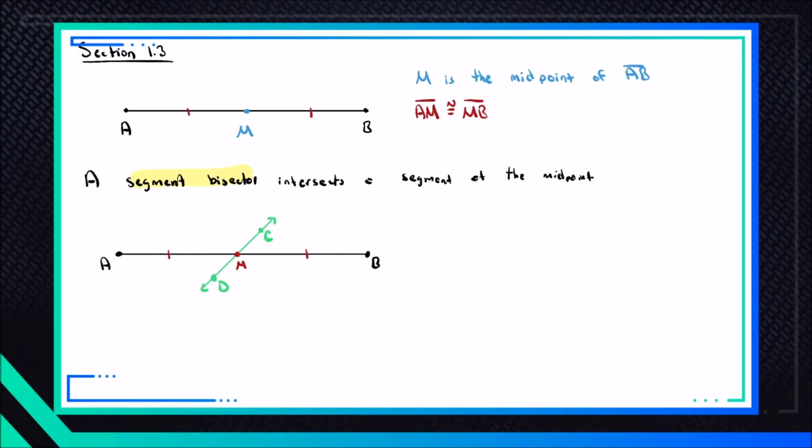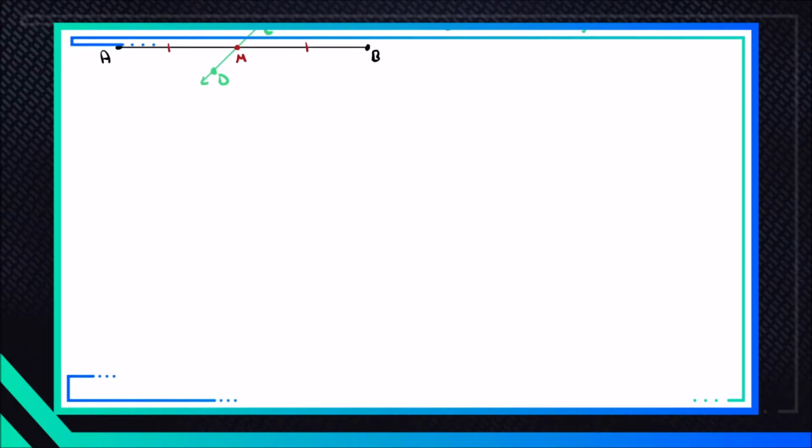So we would say that the line CD is the segment bisector. All right, so just a quick little example if you're following along.